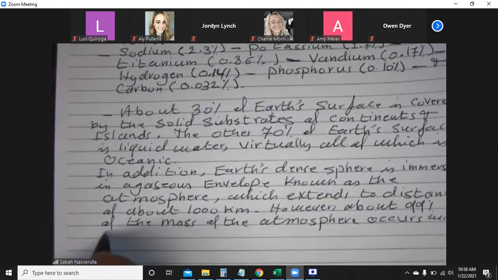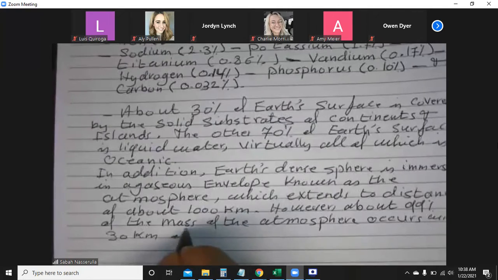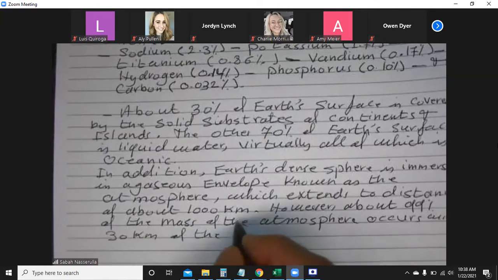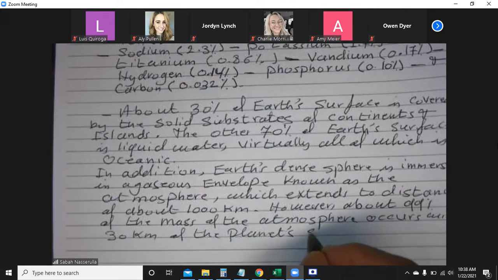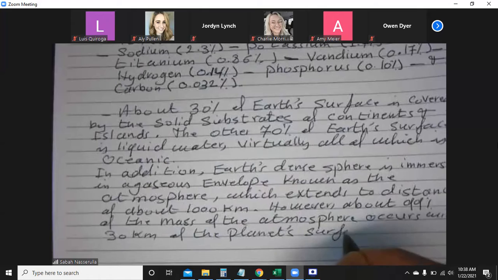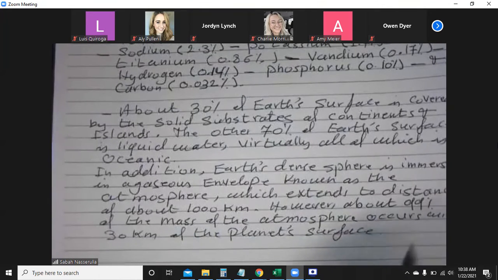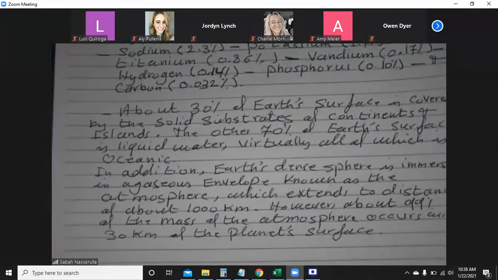So basically, by this we describe the Earth and its atmosphere in a very summarized way.